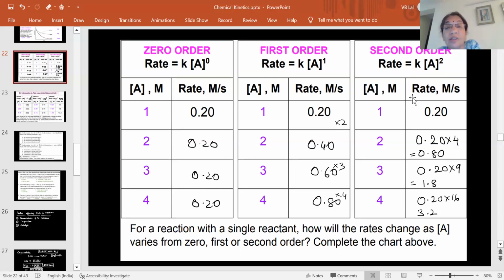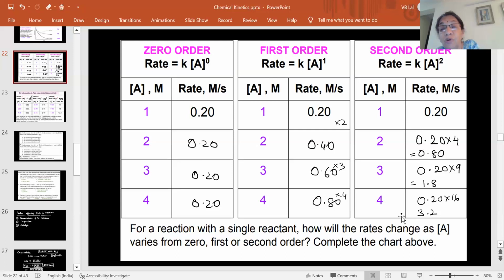A is the concentration. So when you make the concentration double, then the rate of reaction should become 4 times. When you make it 3 times, the rate of reaction should become 3 squared times, which means 9 times.